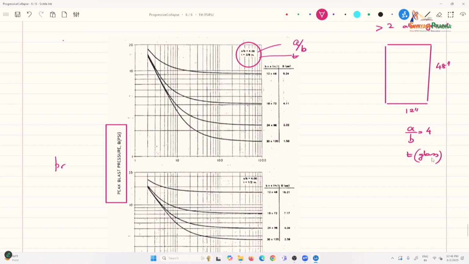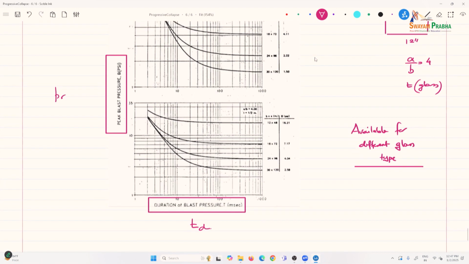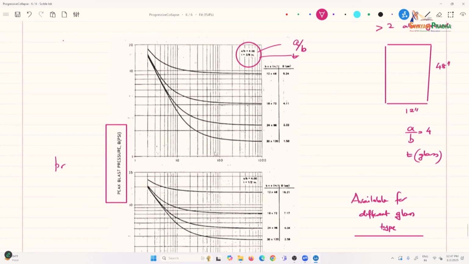So these are available for different types of glasses. When you look for manufacturers, you should look for data that gives pressure versus time. This is time in milliseconds, and these are curves that tell you how much it can withstand.